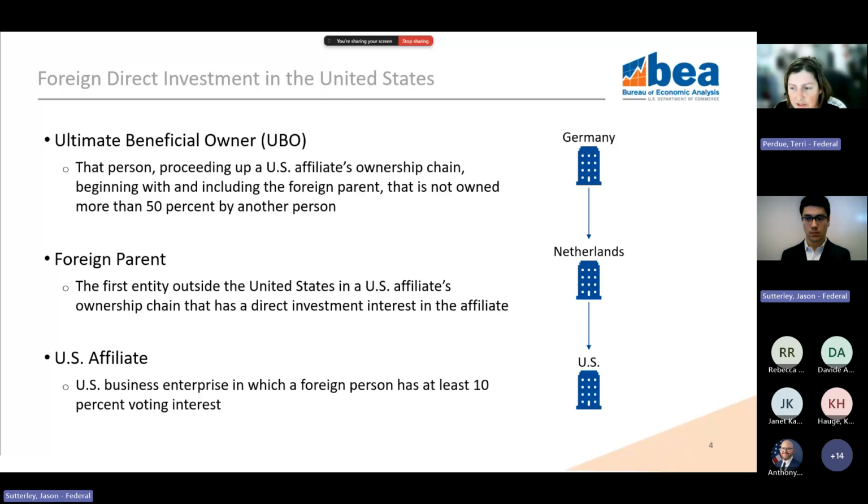Continuing up the U.S. affiliate's ownership chain, the UBO, or ultimate beneficiary owner, is the person beginning with and including the foreign parent that is not owned more than 50% by another person. The UBO ultimately thus derives the benefits and assumes the risk in controlling an affiliate.